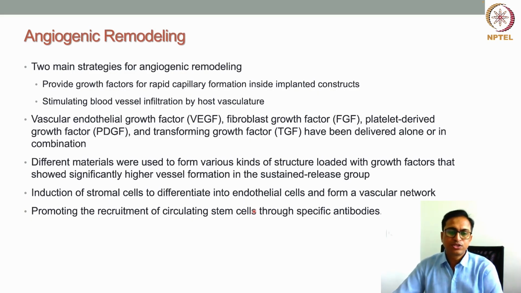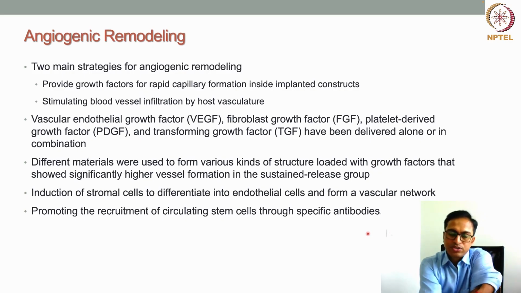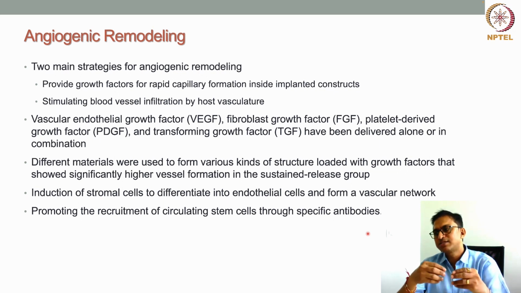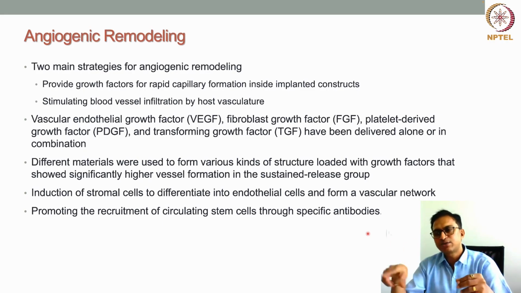In certain cases, growth factors can also promote the recruitment of circulating stem cells through specific antibodies. There are circulating stem cells present within the blood that are getting circulated all the time.